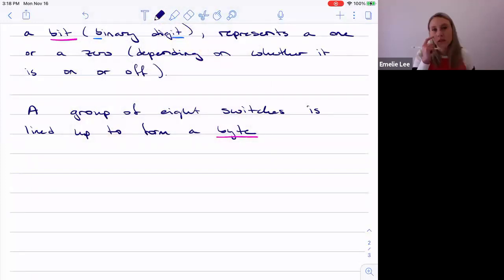Which means that now I have 8 on-off switches in a row, right? Which can only represent so much, but it represents quite a bit.